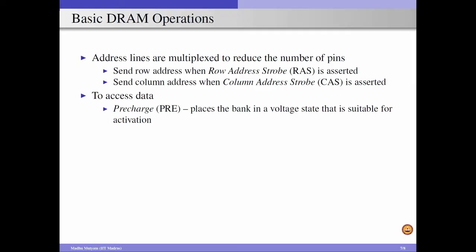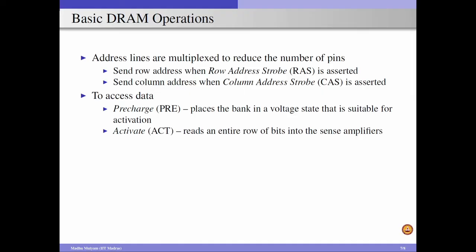To access data from our bank, we need to perform 3 basic operations. The first operation is pre-charge. A pre-charge is an operation which ensures that the bank that we are going to access is put into a voltage level so that our subsequent operations can be performed without any issue.